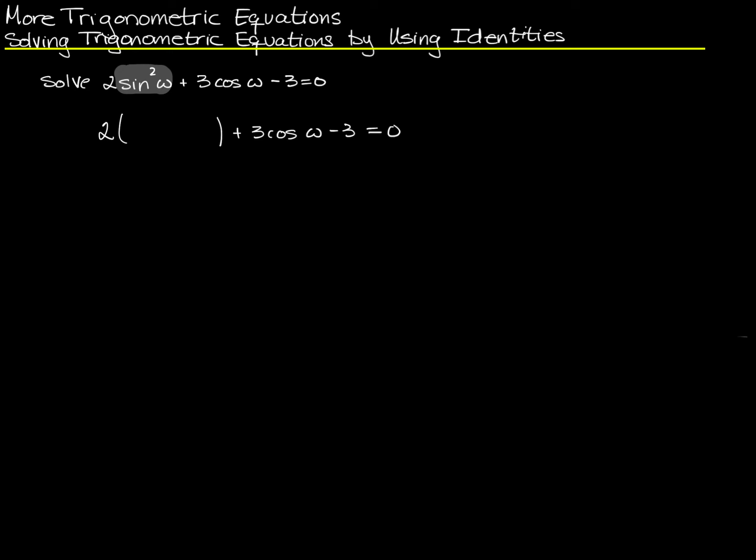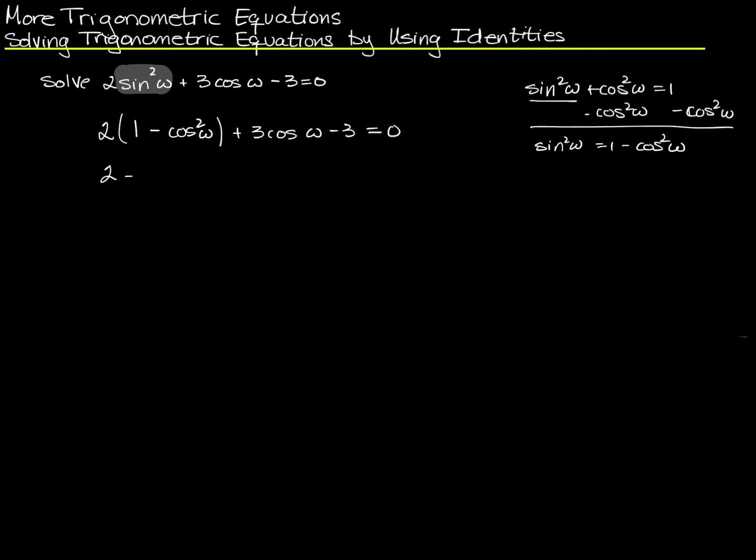Sine squared of omega plus cosine squared of omega equals 1. So if I want a different way to write sine squared, let's subtract cosine squared from both sides. And I get sine squared equals 1 minus cosine squared. So I can change sine squared to 1 minus cosine squared.